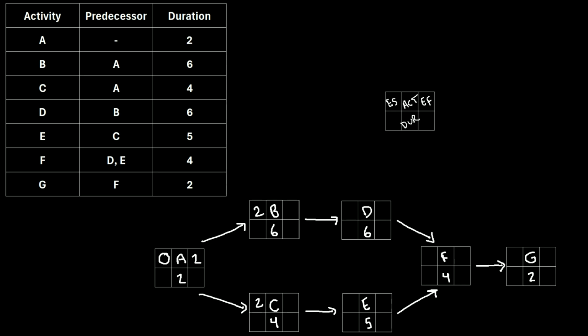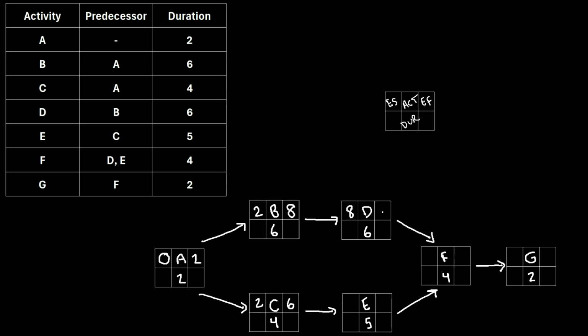And again, to find the early finish of each activity, just take the early start and add the duration. For activity B, that would be 2 plus 6, which is 8. So the early finish of activity B is 8. For activity C, the early finish would be 2 plus 4, which is 6. Then moving right along, we can see that activity B leads into activity D. So for activity D, the early start is going to be the early finish of activity B. We'll write an 8 right here.